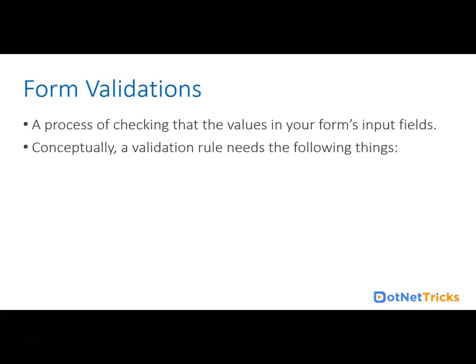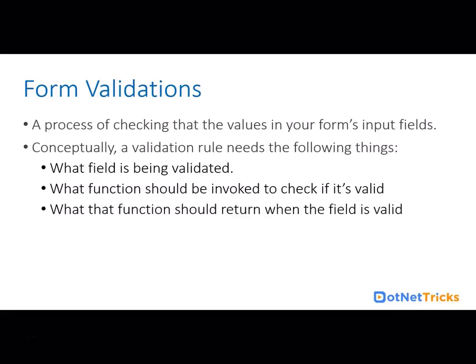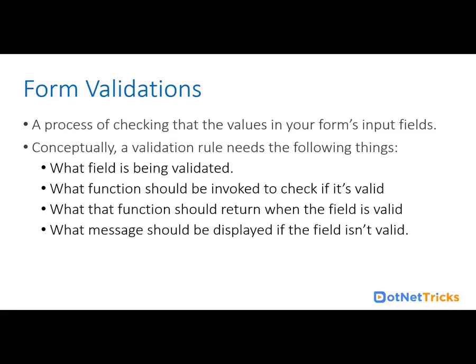The moment we talk about React form-side validations, we check what field is being validated, what function should be invoked to check if it is valid or not, what the function should return when the field is valid, otherwise if it is invalid it will return the error message, what message should be displayed if the field is invalid.